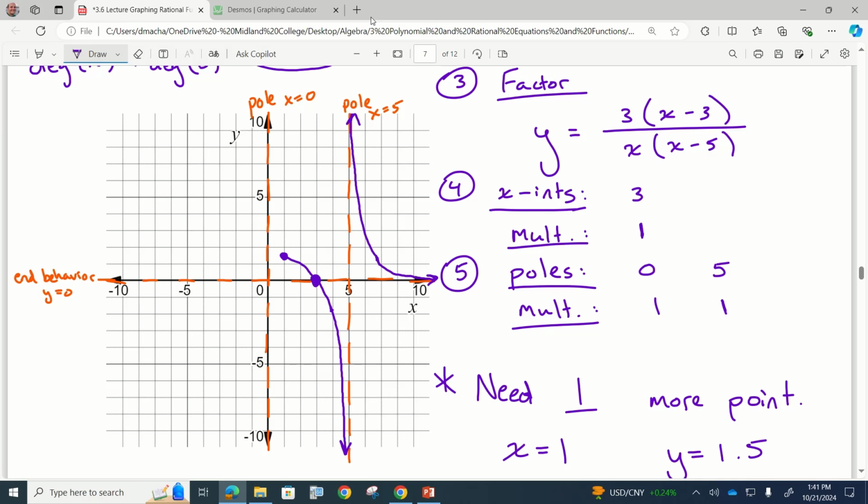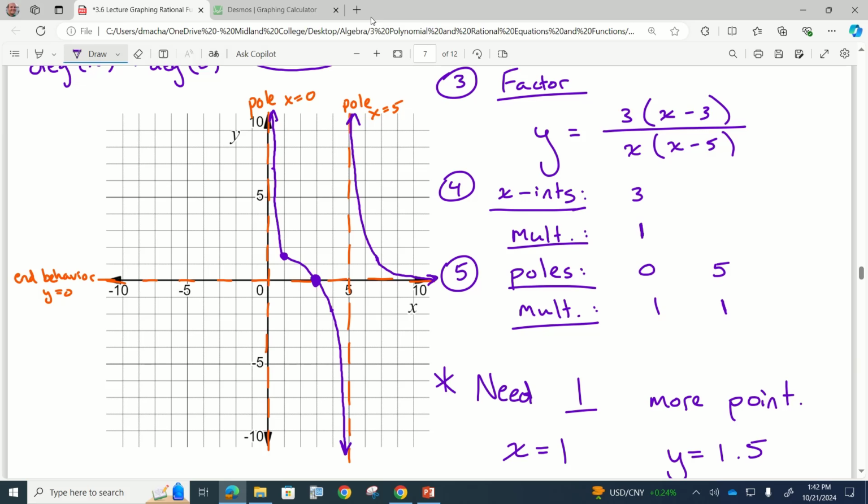Okay, now we restart right here, and I move to the left. As I move to the left, I'm approaching another pole, and this time I have to go up because I can't go back down. I don't have an x-intercept, so I can't cross the x-axis, so I have to go up.